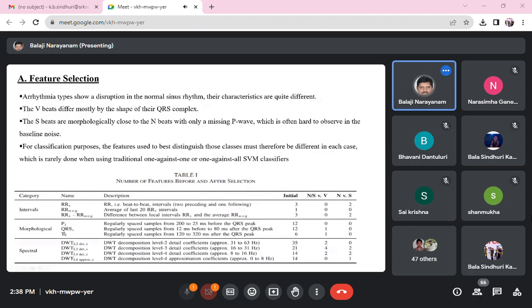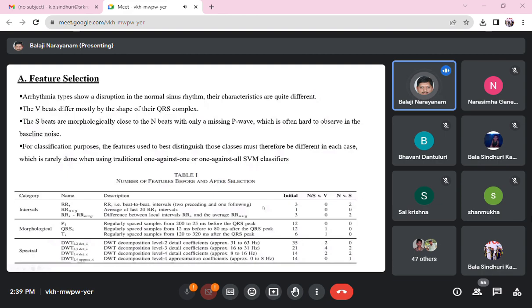Generally, your ECG signal is classified as PQRS and the QRS complex. We have already seen the discrete wavelet transform, DWT, and its decomposition with the different levels, like DWT decomposition level 2, level 3, level 4, which are shown particularly here.